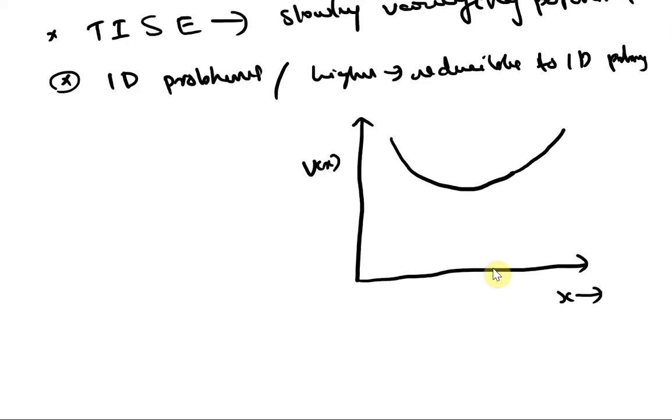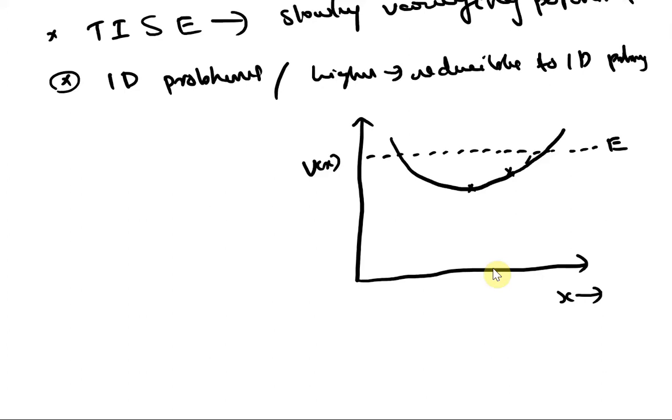Okay, so at any moment the energy of the particle is, let me take it as E. So it's a bound state, and if at the moment the particle is somewhere here, it is having a potential energy v of x, and whatever remaining energy the particle is having is in the form of kinetic energy.